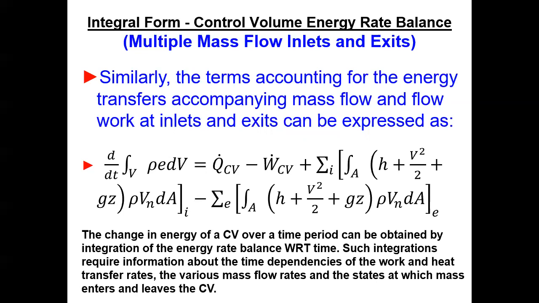And then the rho V sub n dA is the amount of kilograms in that area. You multiply it all together, you get the energy that's crossing that little dA at this instant in time. You add it up over all of the areas, and bingo.